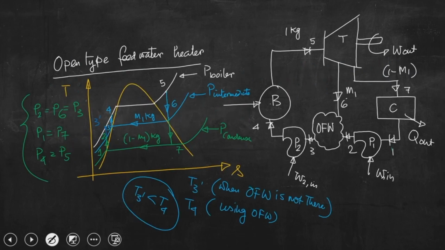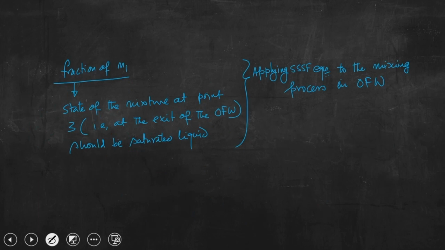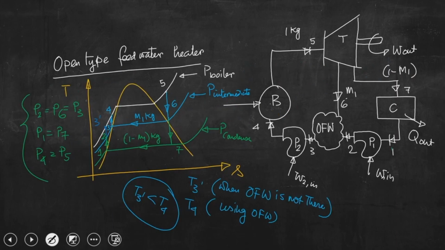We can write M1 into H6 plus, so M1 kg of steam taken from the turbine into the open type feed water heater having enthalpy H6, plus 1 minus M1 kg of feed water taken from the condensate having enthalpy H2.